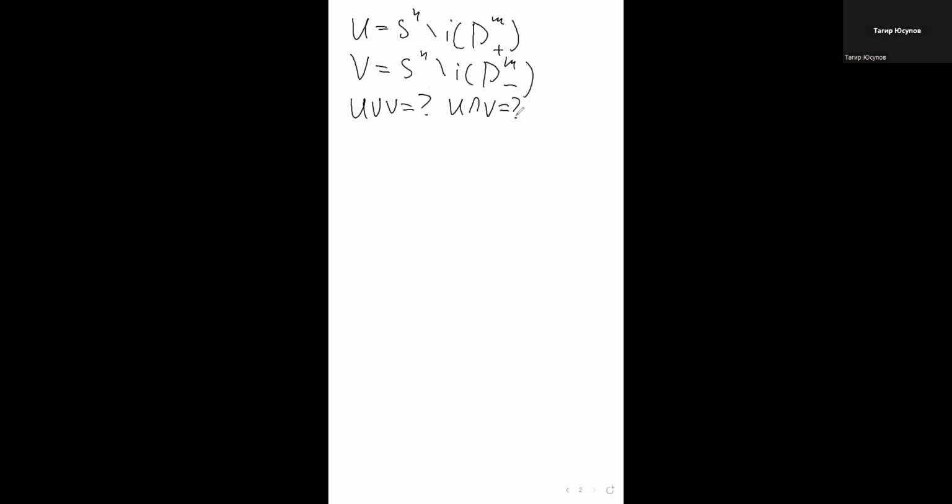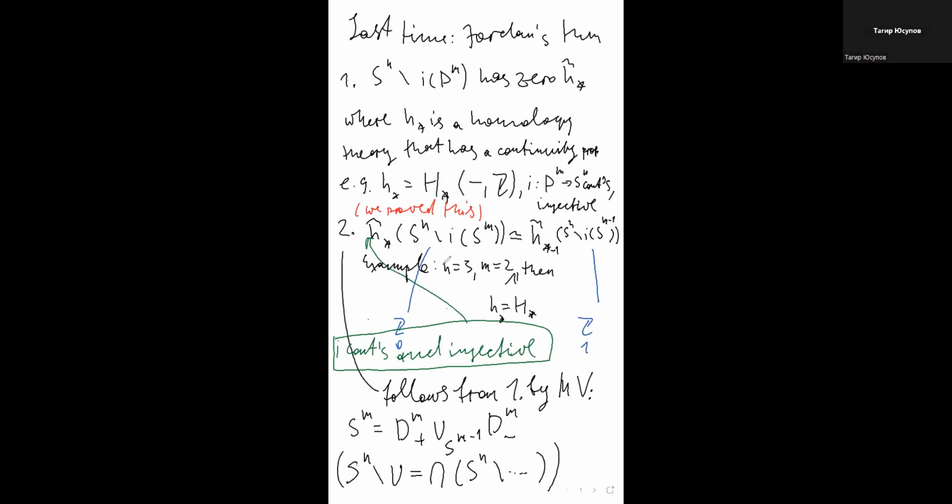And then we need to understand what is the union U union V, what is the intersection U intersected V, and then once we understand that, we just plug the result into the Mayer-Vietoris sequence, and we observe that what we end up with is exactly this isomorphism.